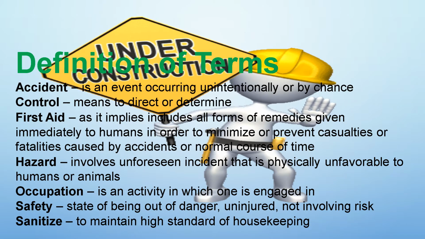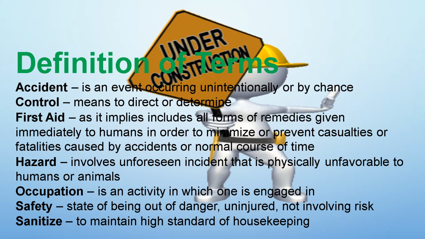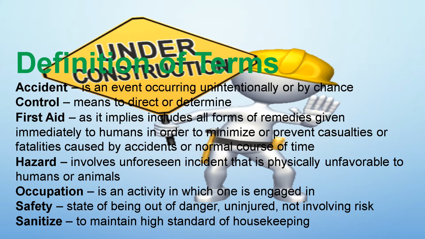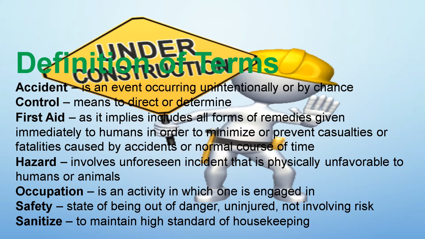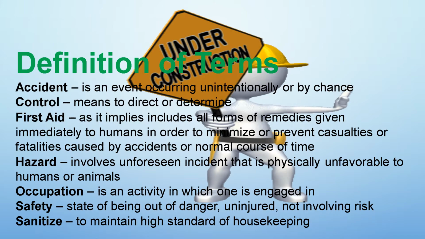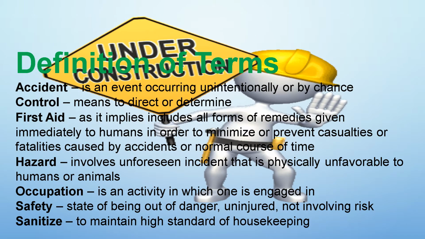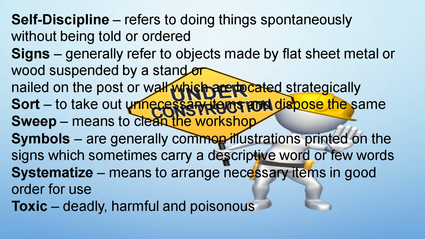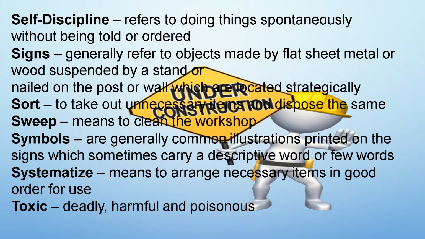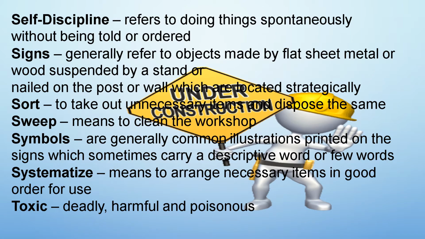Uninjured, not involving risk. Then next we have sanitize, to maintain high standard of housekeeping. The next, we have self-discipline. Refers to doing things spontaneously without being told or ordered.